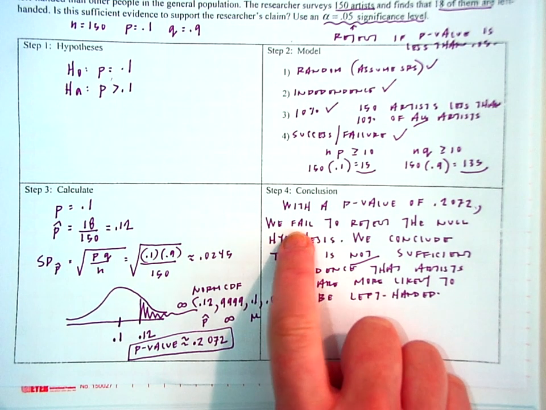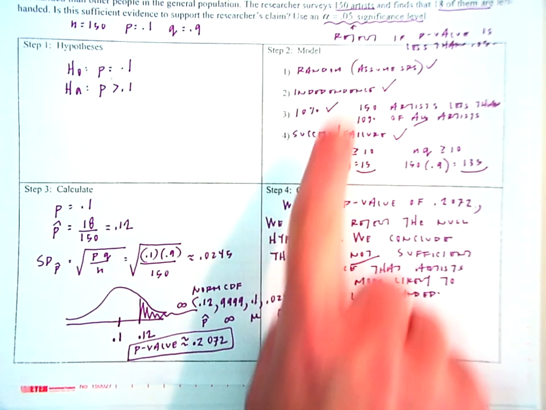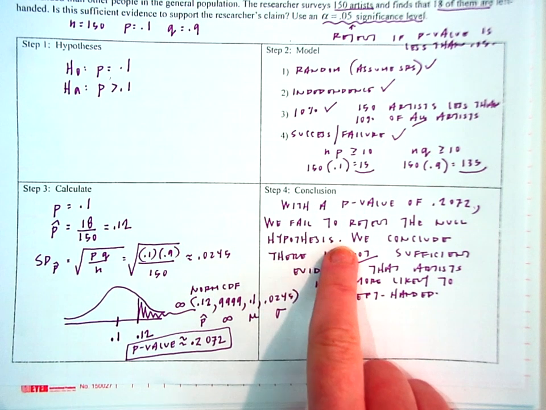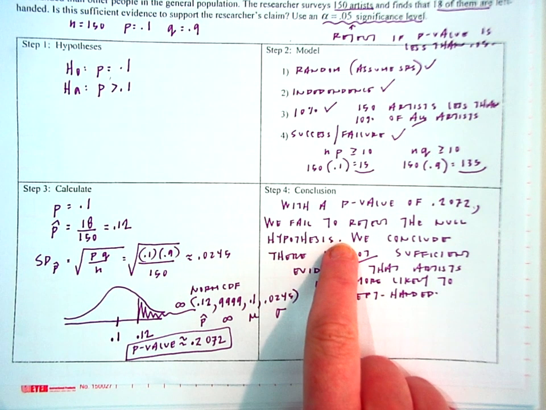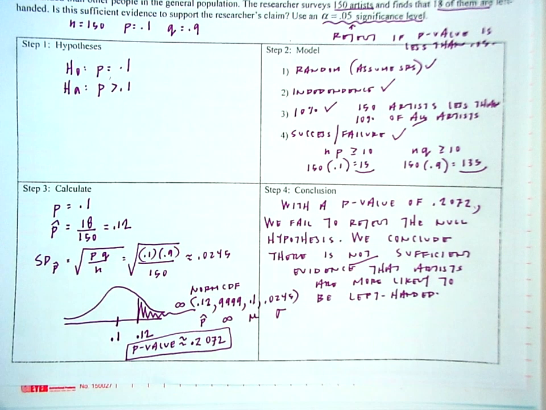If it had been lower than this threshold, we would have rejected it instead. So instead here, we're failing to reject it. Now, what does that mean when we fail to reject it? We're saying, it doesn't look like there is really a change. We conclude that there's not enough evidence to suggest that artists are more likely to be left-handed than the general population.